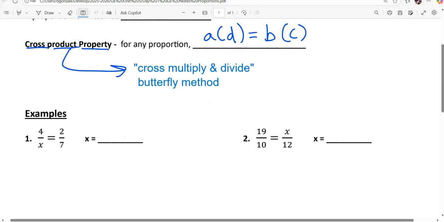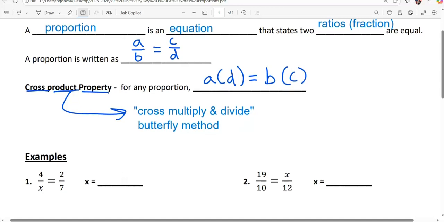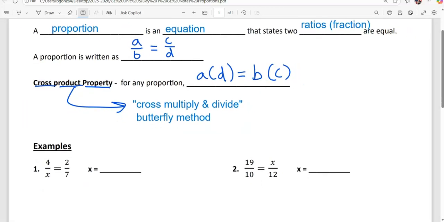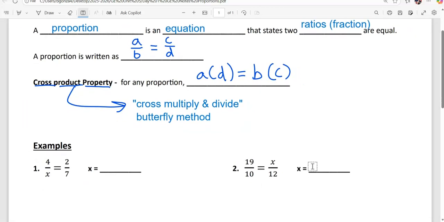Okay, number one. Y'all ever heard of cross multiply and divide? Hopefully, because we're about to do it. Now, here's how I like to show my work. I emphasized this earlier, I'll say it again. You must show your work, okay? No magic answers, no skipping steps. The easiest way to show your work is by circling the diagonal.